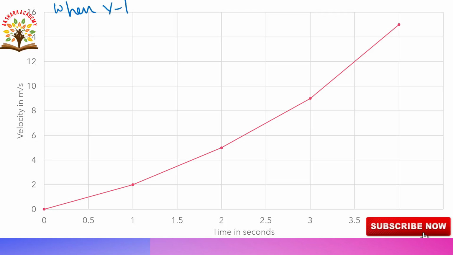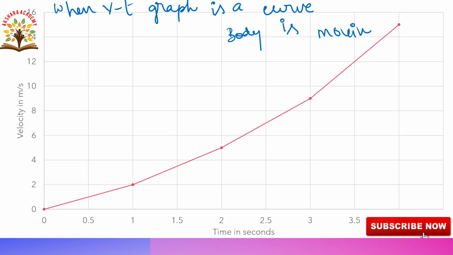VT graph means V is velocity and T is time. When the velocity time graph is a curve, the body is moving with variable velocity and variable acceleration.